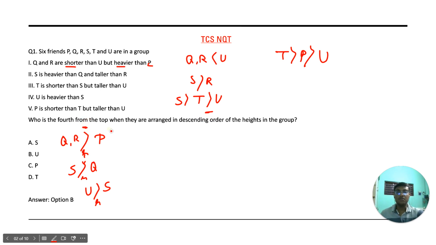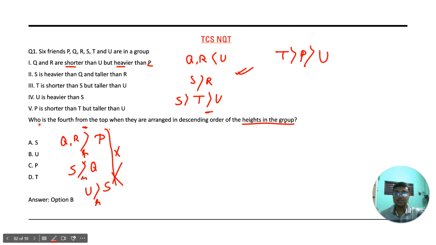But if you notice the question properly, there is no need of considering the comparison of weights because the question completely focuses on heights in the group. So weights are of no use for us. We need to just tackle the heights.